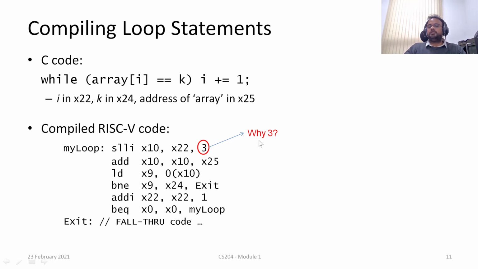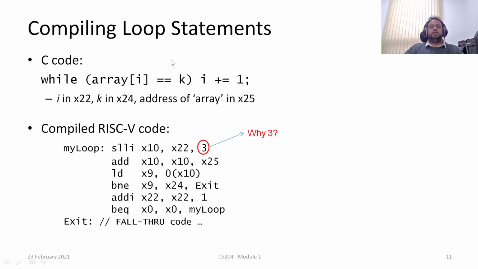Now here I have put a question: why are we shifting left by 3? The assumption I made was that this array is handling 64-bit numbers. If it were handling 32-bit numbers, then this value would be 2, and instead of load double, we would have used load word here.